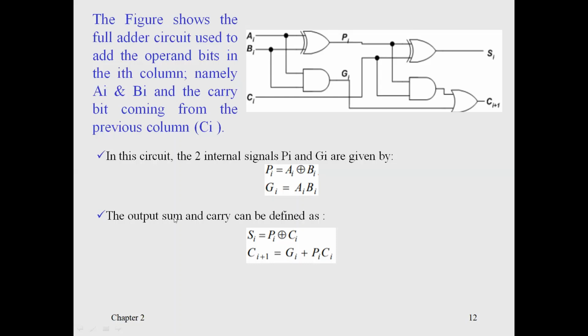This is intermediary. Then Pi XOR Ci gives Si, the final sum, and Pi and Gi are used to get the next stage carry. So the output sum and carry can be defined as Si is equal to Pi XOR Ci, and Ci+1 is equal to Gi plus Pi Ci, as is very evident from this figure.